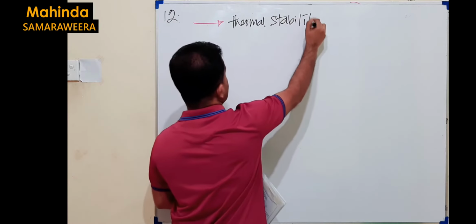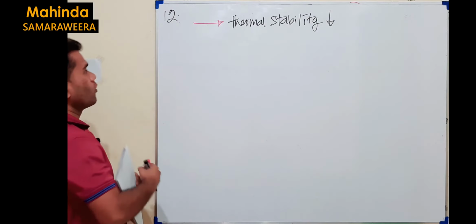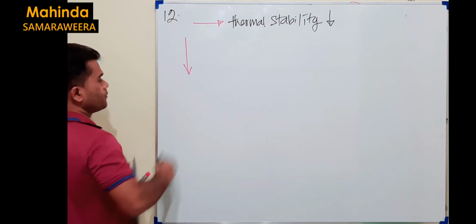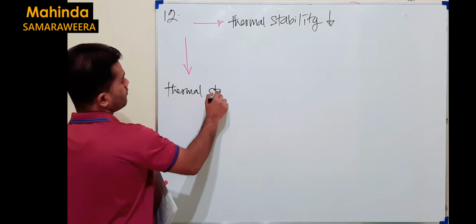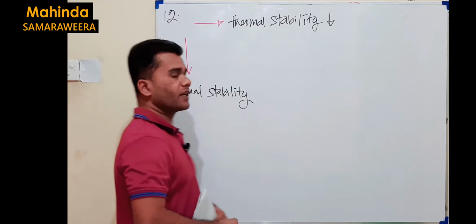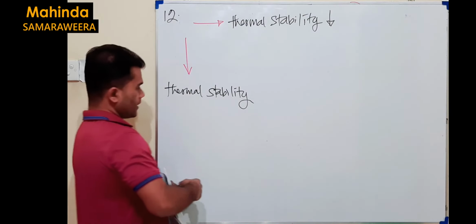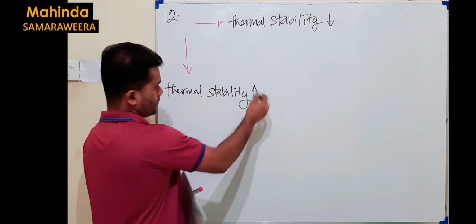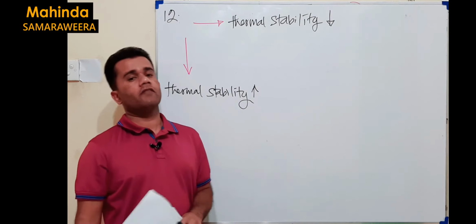Going down the group, thermal stability increases. That's what you learn in S block, inorganic chemistry. The reason for that, here thermal stability increases, is mainly the polarization power of the cation.